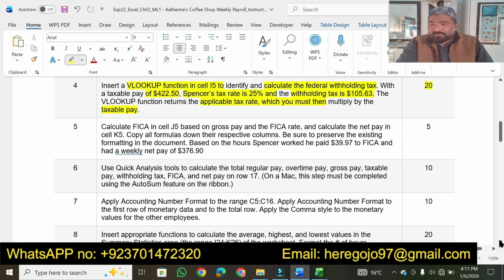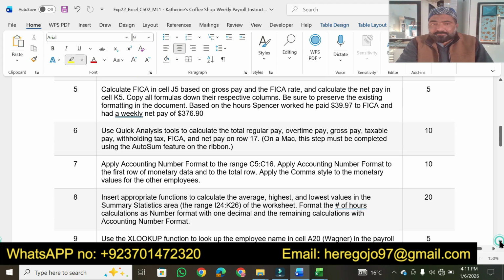Now we are moving toward question number 5. Calculate FICA in cell G5 based on gross pay and FICA rate, and calculate net pay in K5. Then copy all formulas down to their respective columns. Be sure to preserve existing formatting in the document.